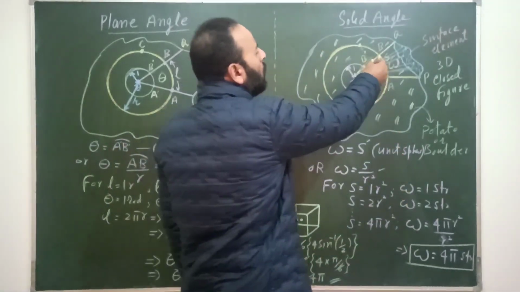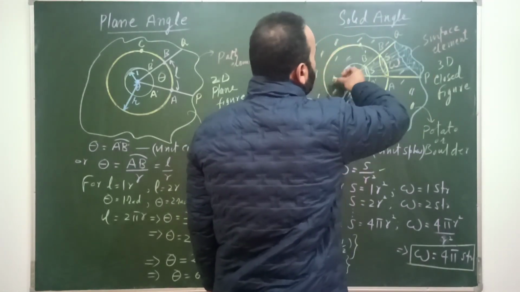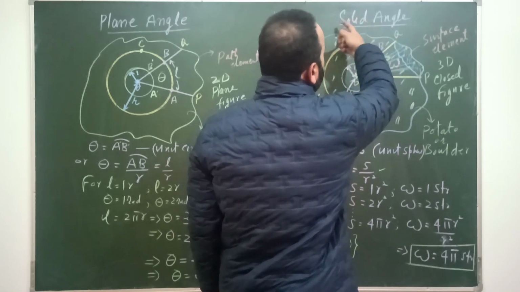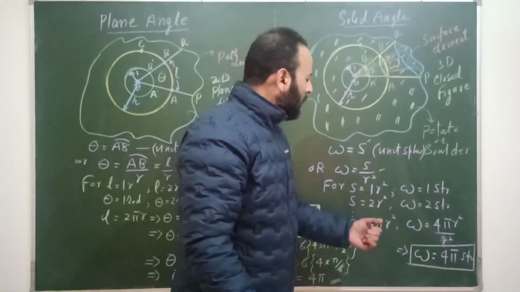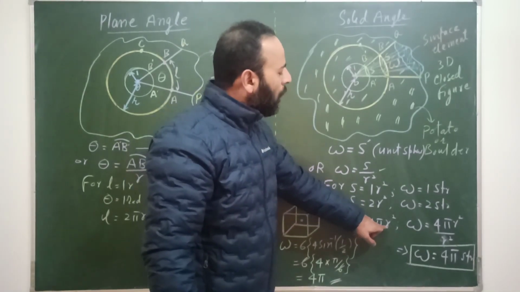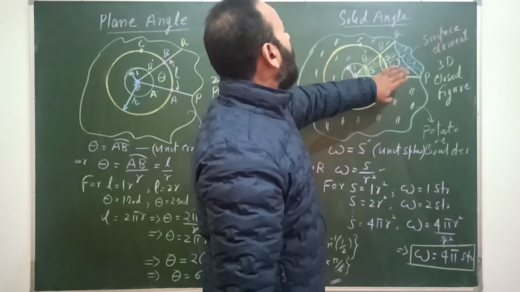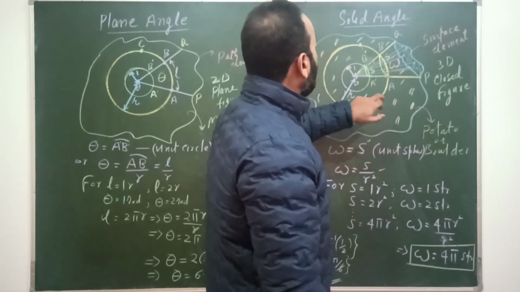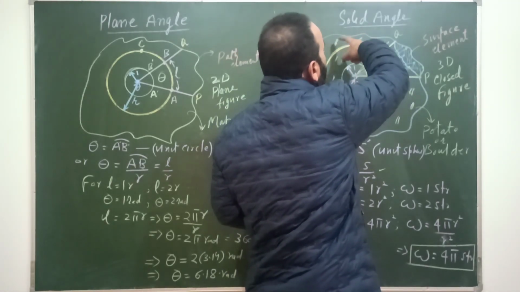Similarly, if we now look for the complete solid angle, the total solid angle subtended by this three-dimensional closed figure, just like a boulder, it is equal to 4 pi r square, because various points when joined from all the surface of this boulder to the point O will enclose all the area on this sphere.